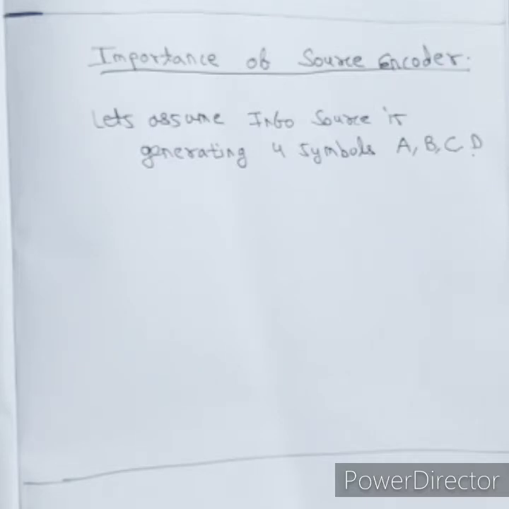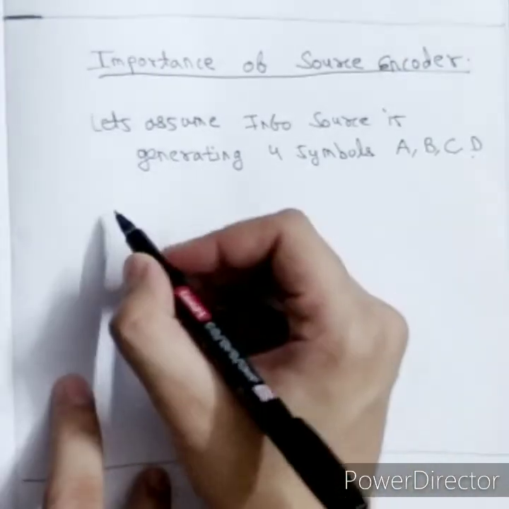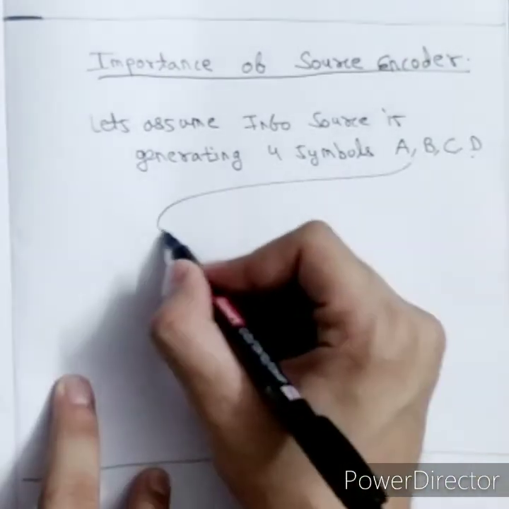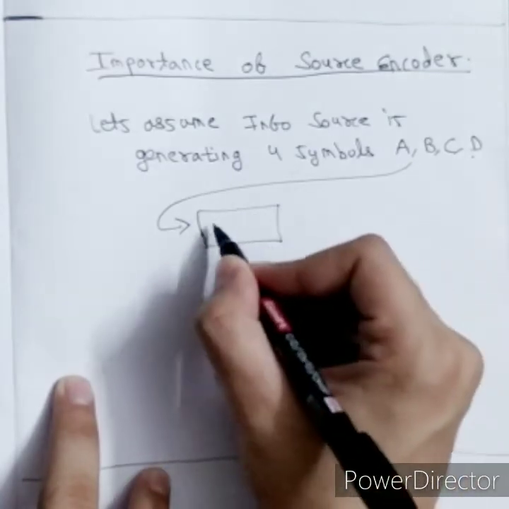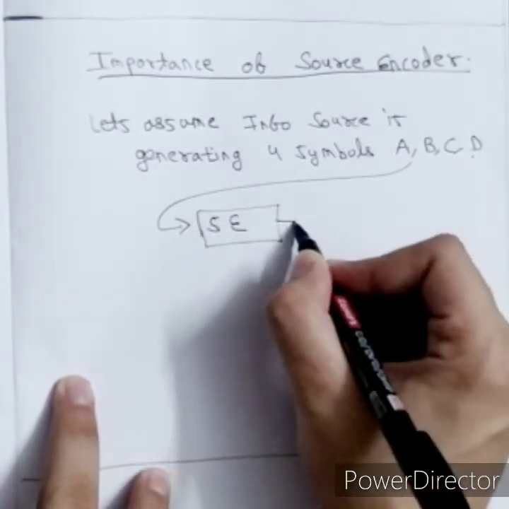Now this message will go to the source encoder. Now this is the input to the source encoder.